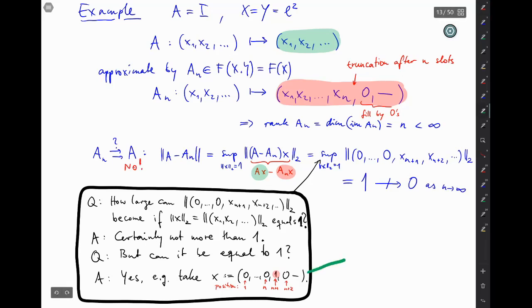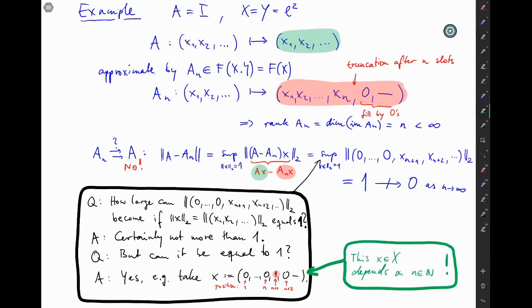The key observation here is that this element x depends on n. So if you make n a bit bigger, then this vector is just not helping anymore, because then the 1 is within the first n entries and hence gets truncated.